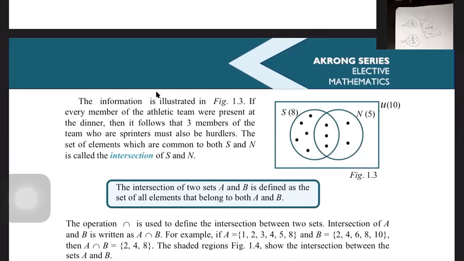Now, if there were members of the team that are neither sprinters nor hurdlers, they would be located outside these circles, but inside the universal set. Here, they are called the complement. So this is where the complement belongs. Good.